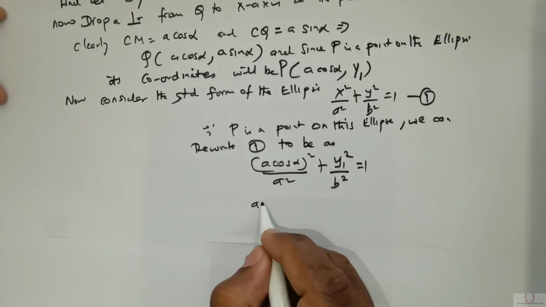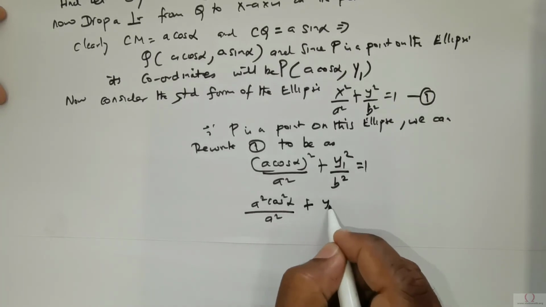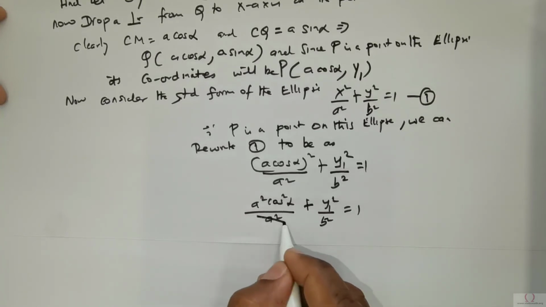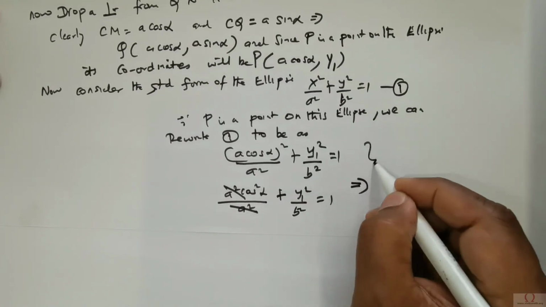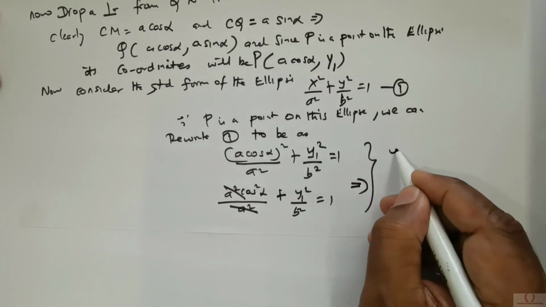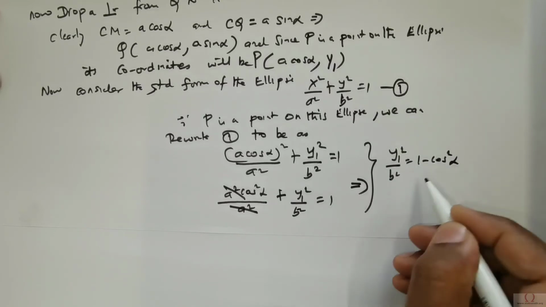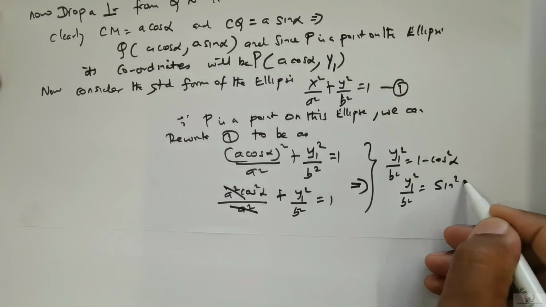I can rewrite this as a squared cos squared alpha divided by a squared plus y1 squared divided by b squared equals 1. So a squared gets cancelled. This would give us, writing down here, y1 squared over b squared is equal to 1 minus cos squared alpha, which means y1 squared over b squared is equal to sin squared alpha.